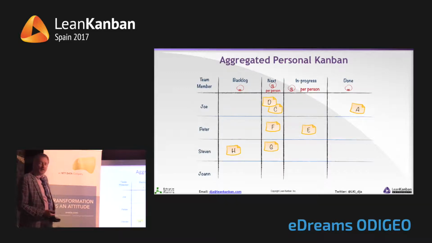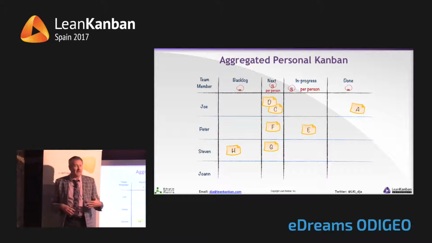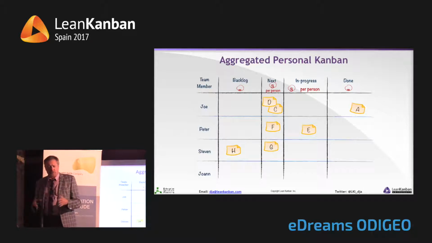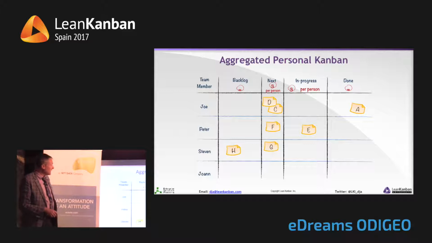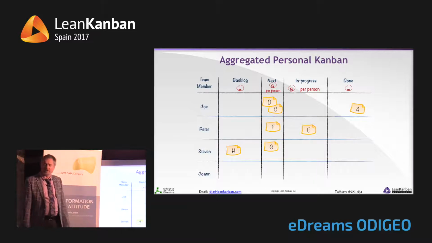Then we have aggregated personal Kanban. This is where a few people might have brought their personal Kanban concept into the office. They're doing it in the privacy of their own cubicle or at their own desk with a little tiny board sitting on the desk there. And the boss comes along and says, oh, this would be a great idea. Let's put this up on the wall with 1 lane for everybody.